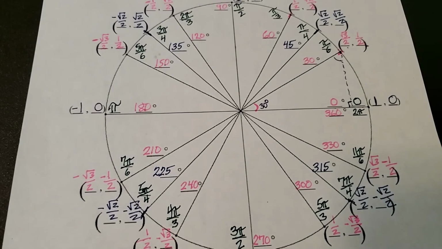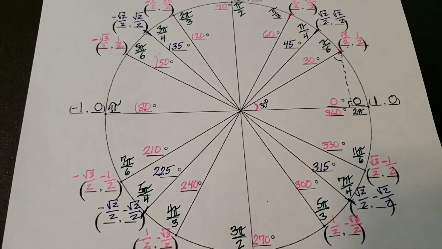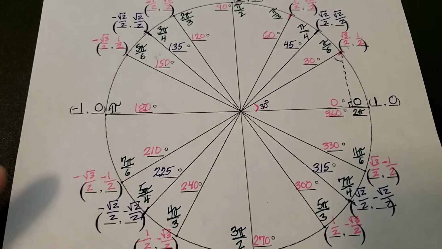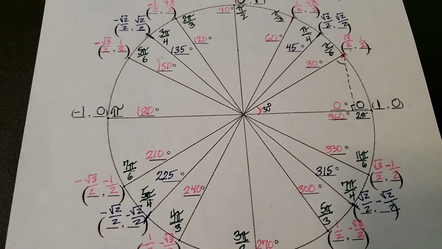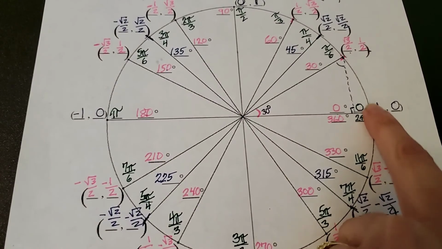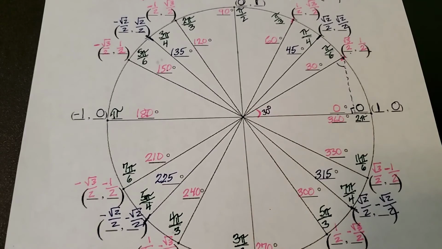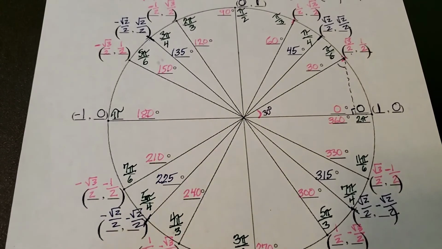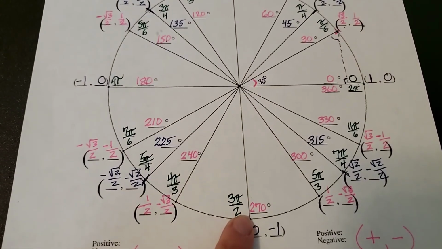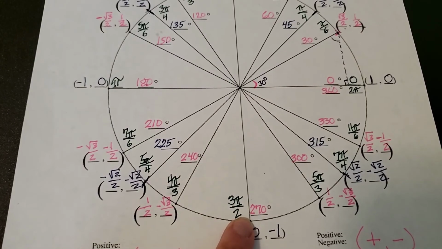All right, the next one was the cosine of negative 3 pi over 2. When you're dealing with negative angles, whether in degrees or radians, you're going to start here at standard form, but instead of going counterclockwise, you're going to go clockwise. Now it said negative 3 pi over 2. Don't just go to 3 pi over 2, because that is not the same as negative 3 pi over 2.